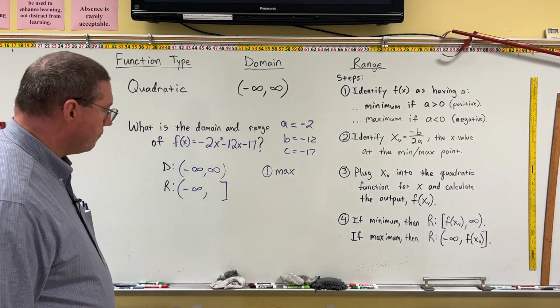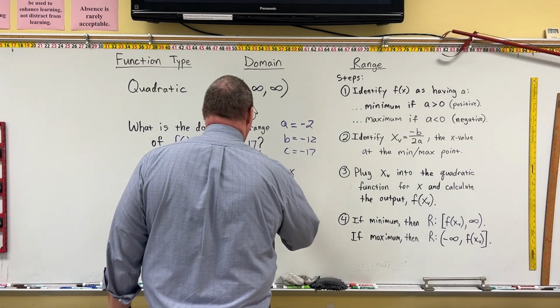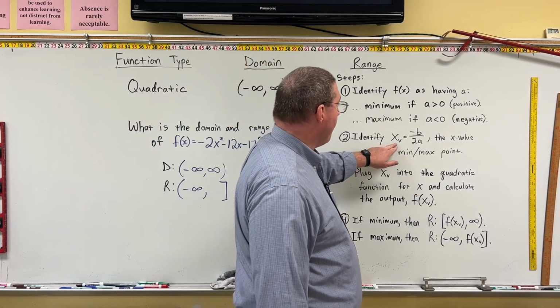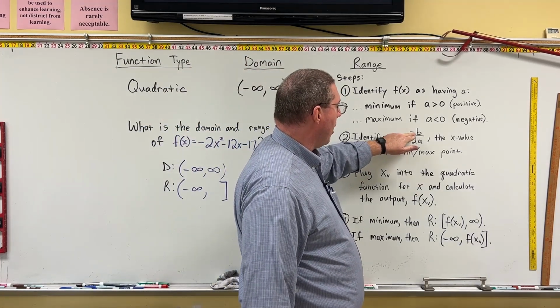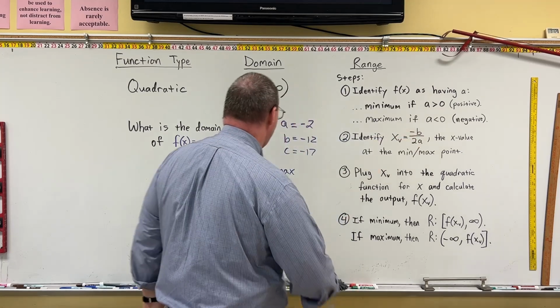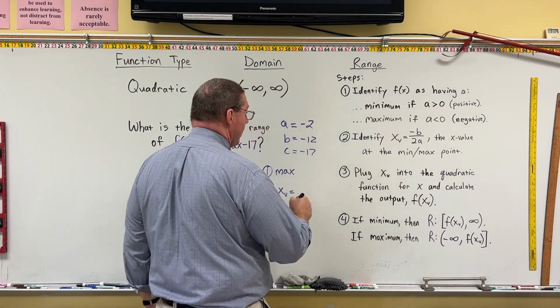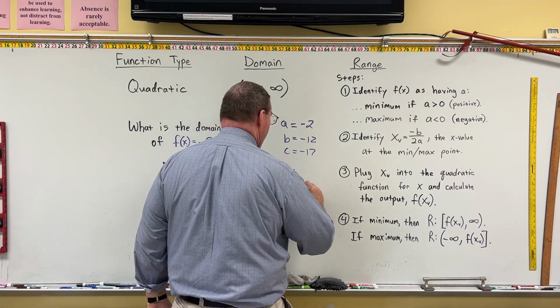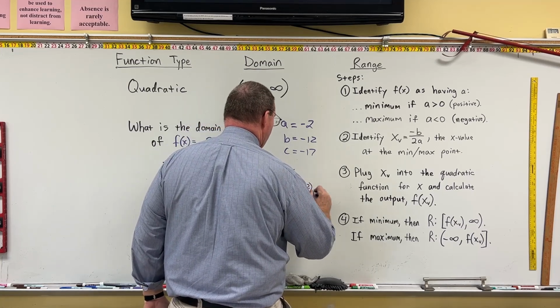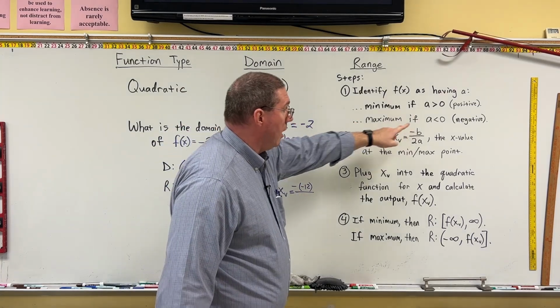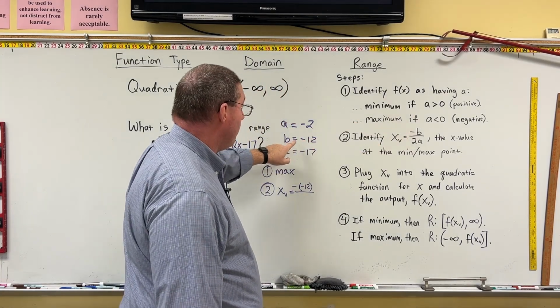It's always a bracket. Now we're going to do step 2, which is identify the x value at the vertex, which is calculated by negative b over 2a. So x sub v in this case is negative b. That's negative 12, because b is negative 12. We have to have both the negative from the formula and the negative from the b.